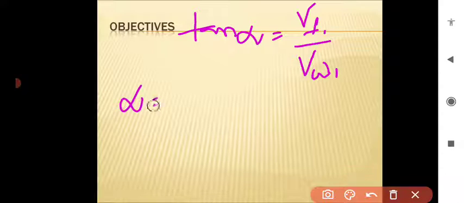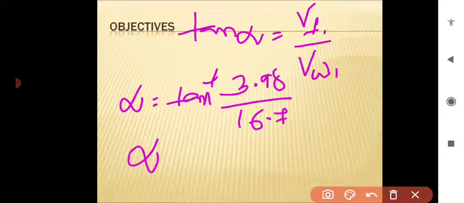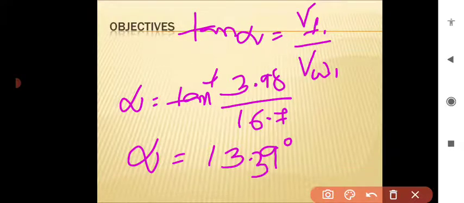Alpha is equal to tan inverse of Vf1, which is 3.98, by Vw1, which is 16.7. If you calculate it, you will get alpha is equal to 13.39 degrees. This is the angle of the guide blades of the given Francis turbine.